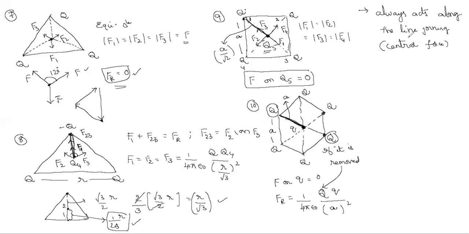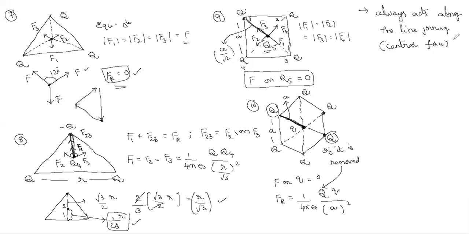Now they ask this type of questions in statements. Statement 1, statement 2, or statement A, statement B: A is true, B is true, A is true, B is false, like that. The electrostatic force between 2 point charges is a central force, say. Then statement A is correct.